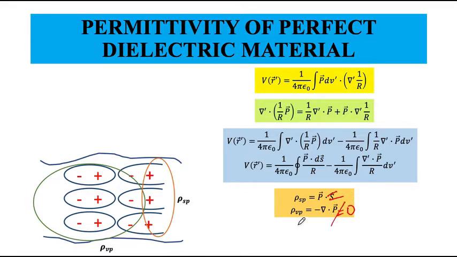There would be a certain volume in which del dot P is non-zero, and that would create a volume charge density. So you could, as I said, absorb rho Sp inside rho Vp by defining an appropriate limit of volume charge.